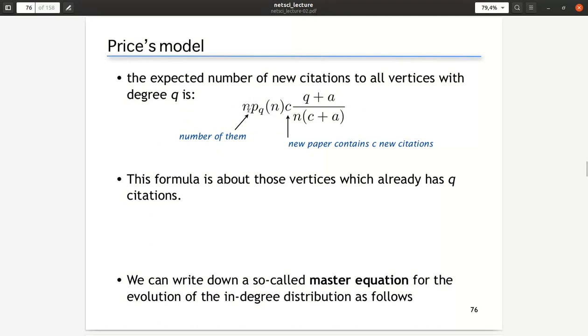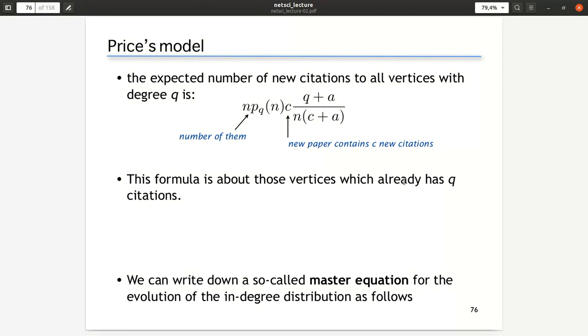So not n, not p_q(n), but multiplied together. We said that the new paper contains c new citations on average. So that's going to be this factor, and this expression here is the probability that a particular node is getting that citation, as we derived it in the previous slide. So the formula talks about those vertices which already have q citations.